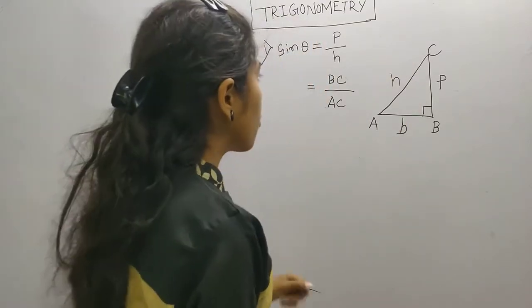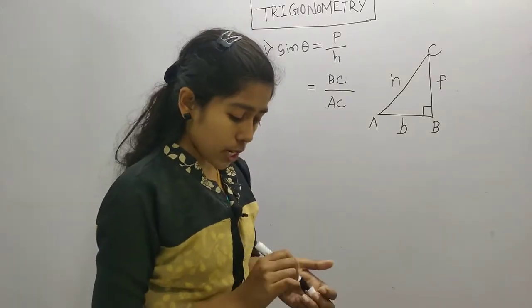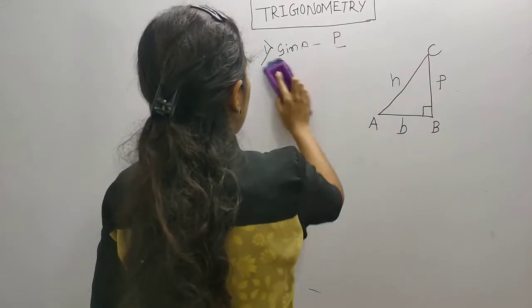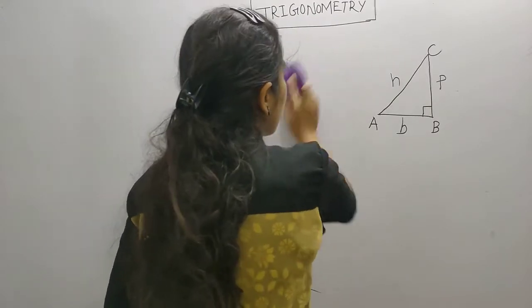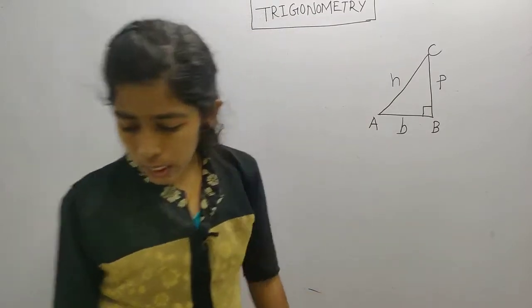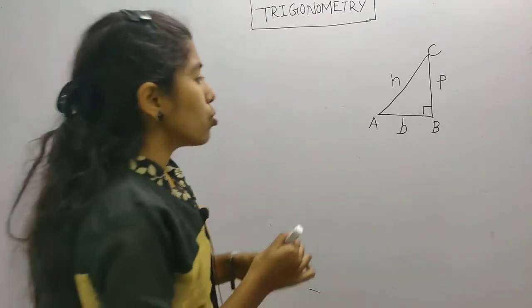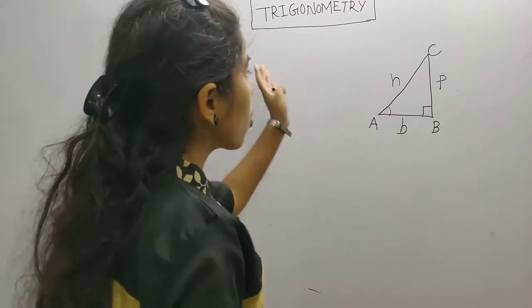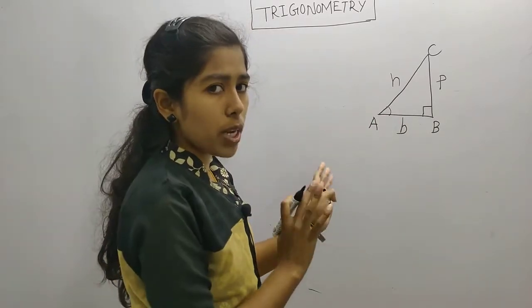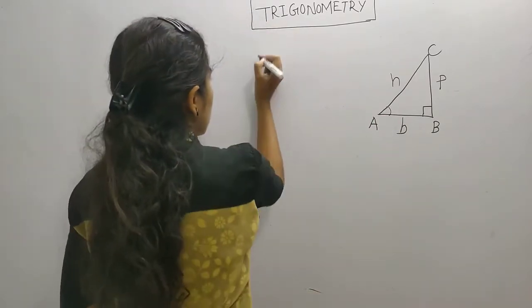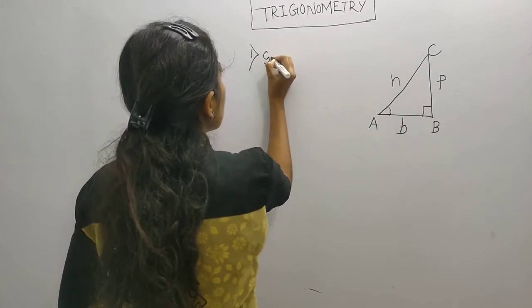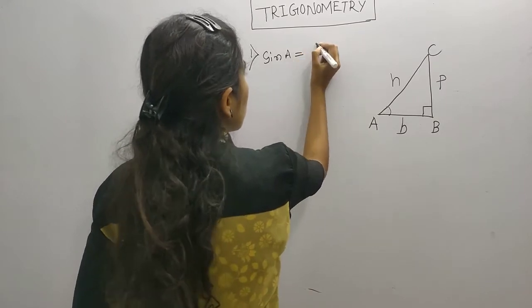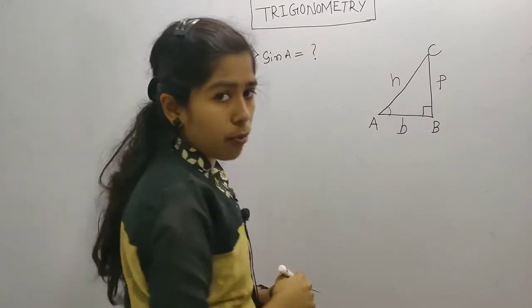It's normal, anyone can write it for every angle. But the twist is that, see, if one triangle like this is given and it is asking about the angles, here we have only taken sin theta and written it normally. But now you see, here I have written sin A equals question mark. What will it be?